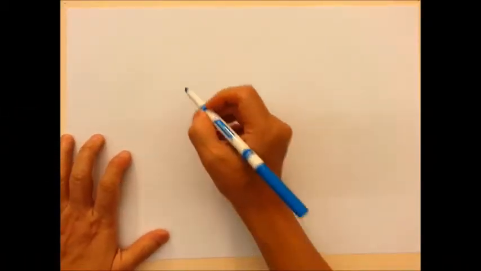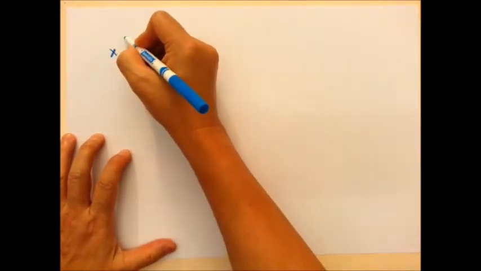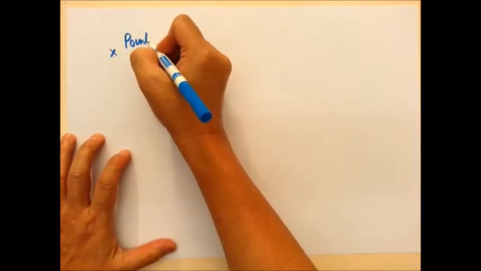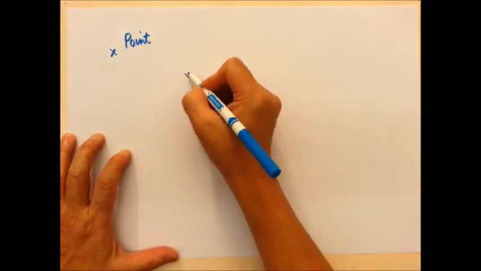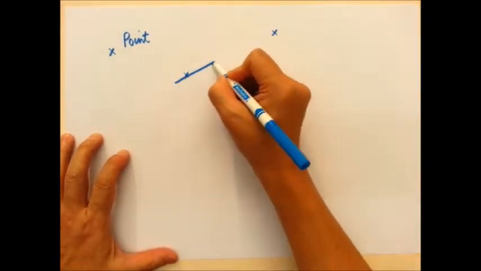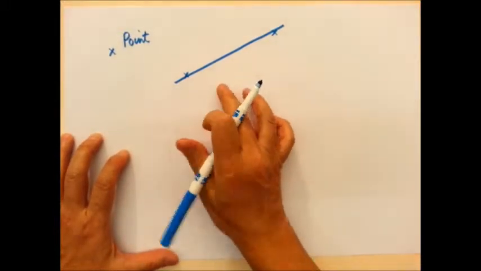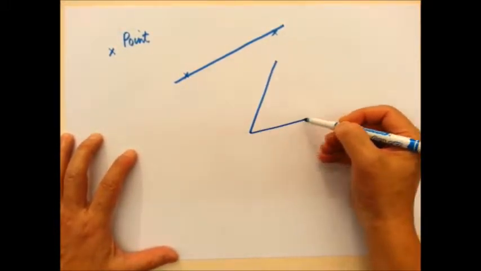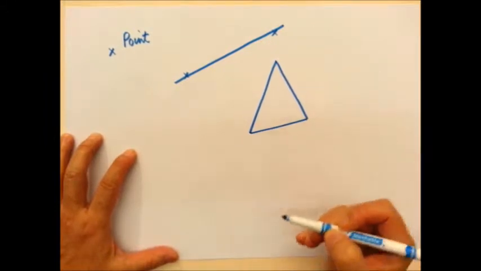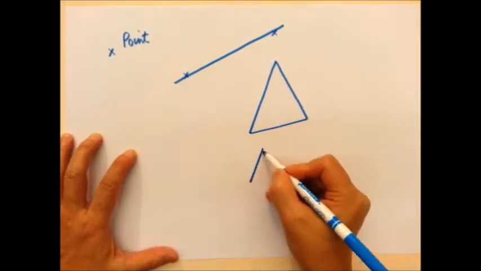Now, in the traditional geometry, we have the point, and we also have a straight line, and then we can use the straight lines to form some figures, okay, or this kind of figures.